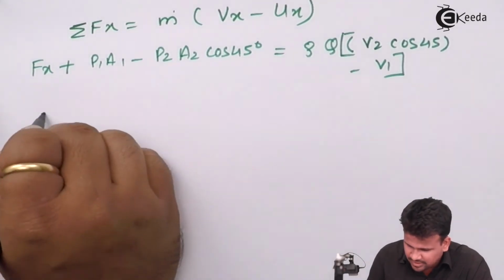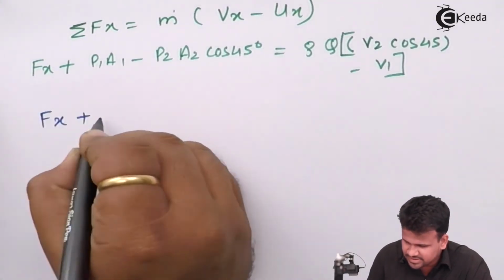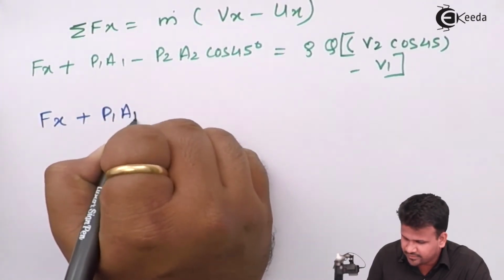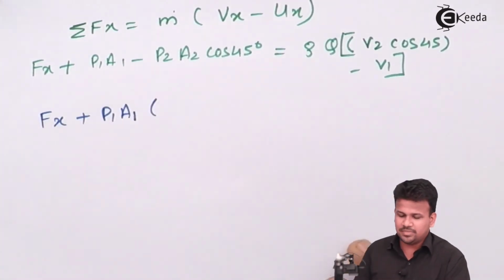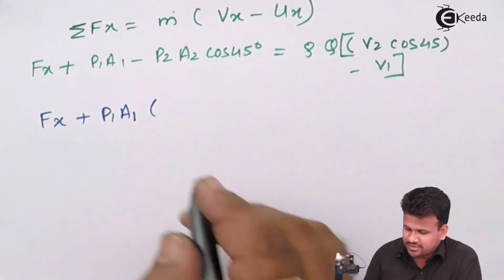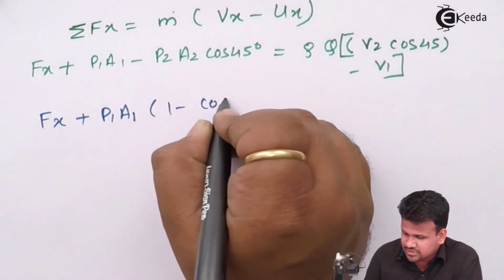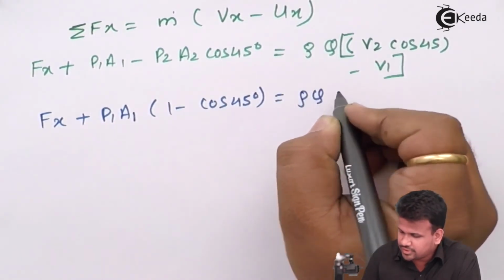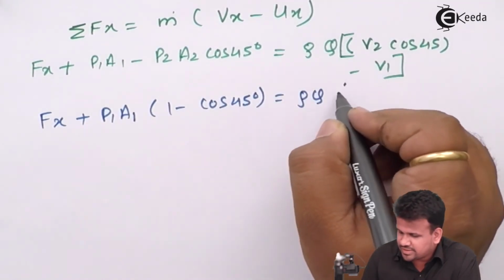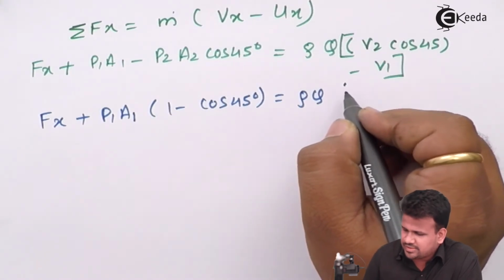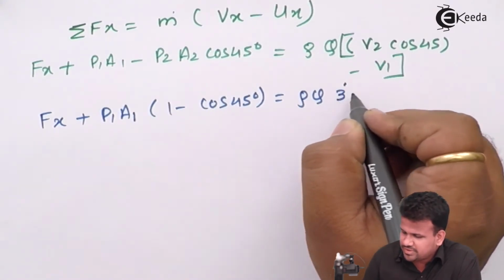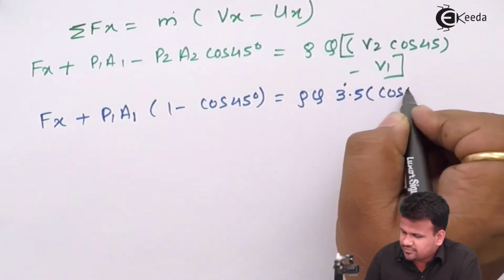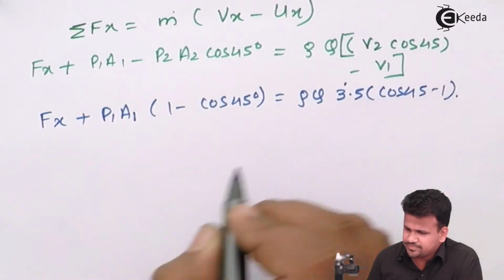This will be Fx plus P1A1, and P1A1 and P2A2 are both the same, so we can take this common: 1 minus cos of 45 degrees, equal to rho into Q. V1 and V2 are the same, so we can take 3.5 common, into cos of 45 minus 1.